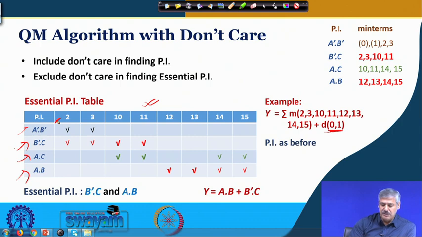Accordingly it has been written, and what we see in this essential prime implicant formation is that B prime C and AB between themselves cover all the min terms 2, 3, 10, 11 and 12, 13, 14, 15. So, the minimized expression we get is AB plus B prime C. So, this is what we do in the QM algorithm based method.